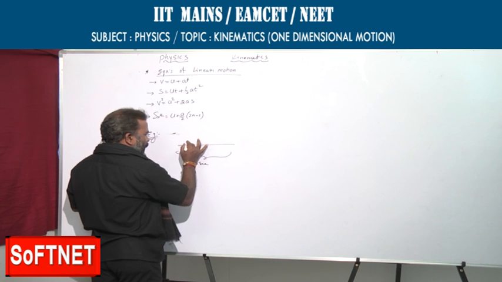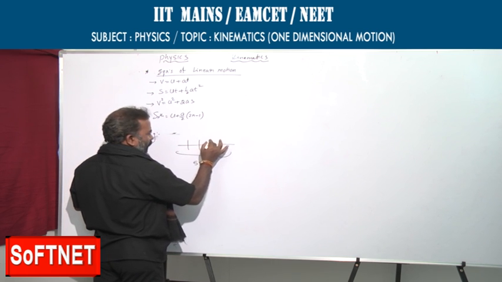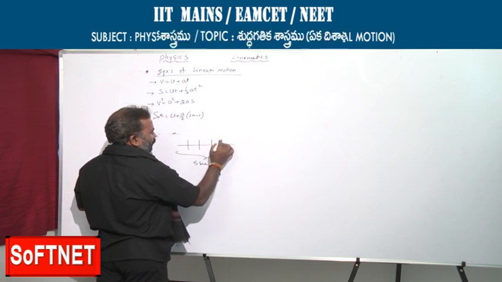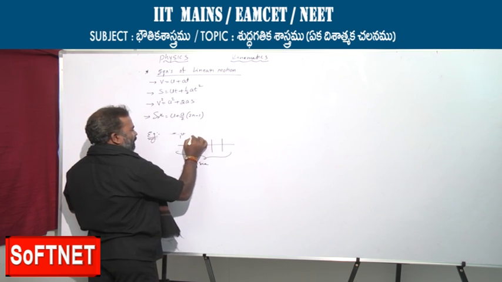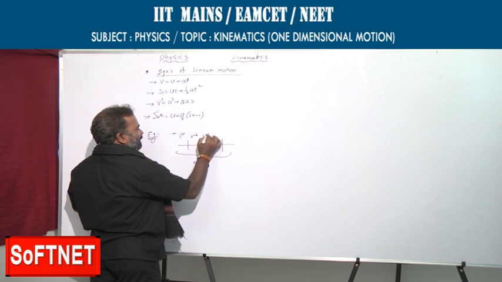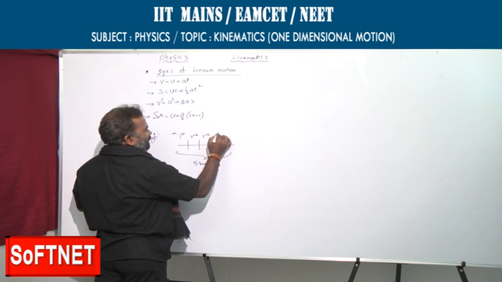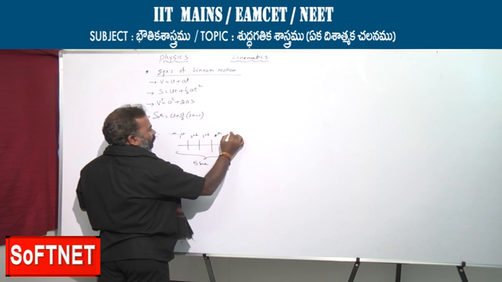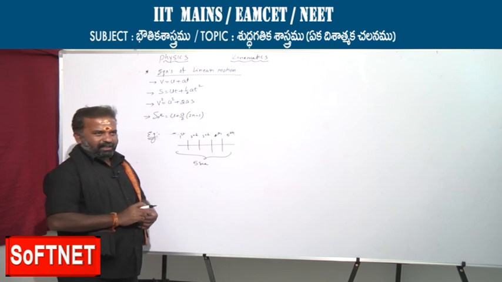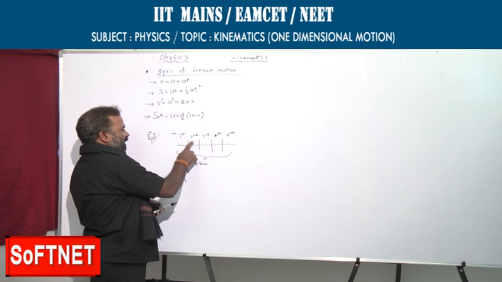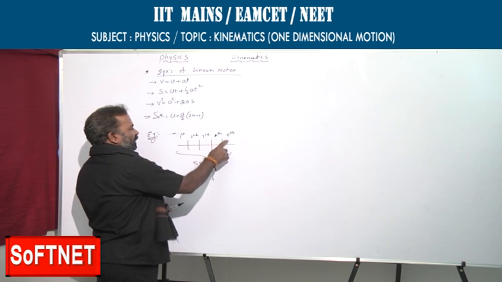Let us divide its motion into 5 parts, 1, 2, 3, 4, 5 parts. This I will name as first second, second second, third second, fourth second and fifth second. Total time of journey is 5 seconds.